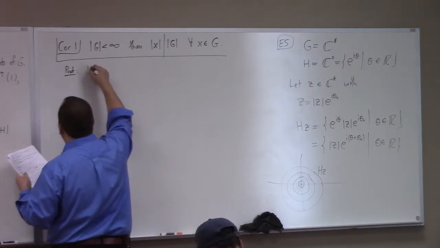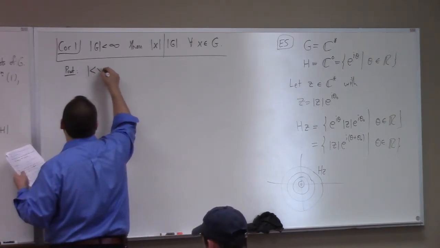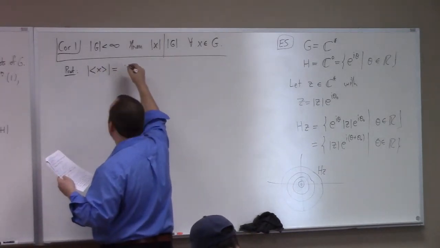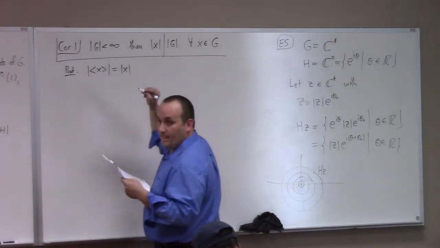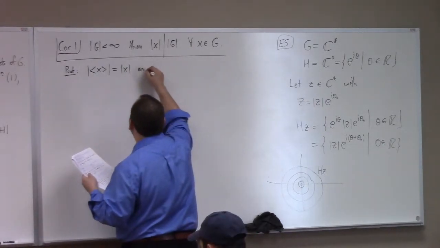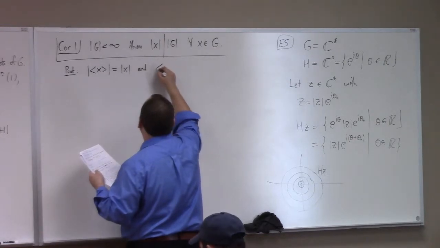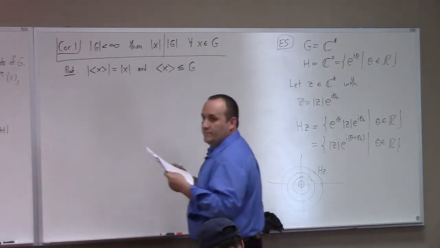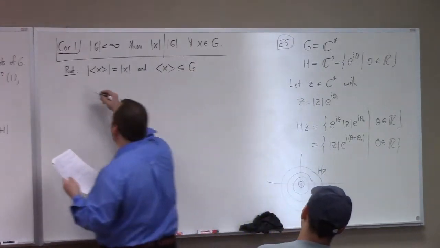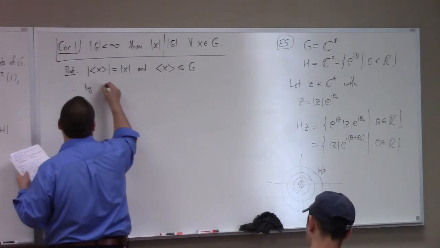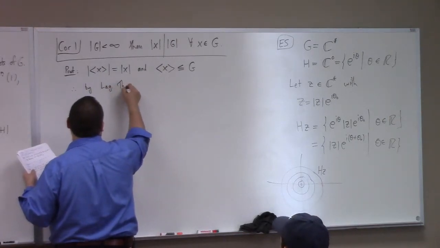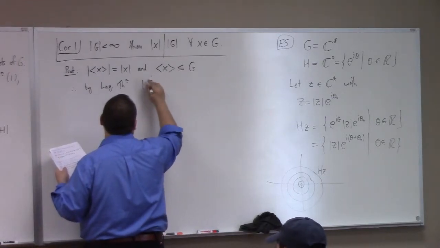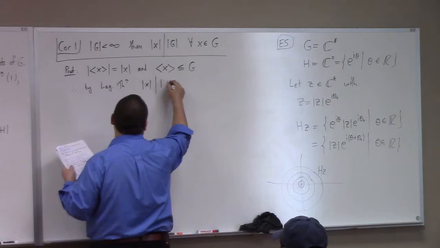We have from our work on cyclic groups that the order of the cyclic subgroup generated by x is equal to the order of x, right? And of course, the cyclic subgroup generated by x is a subgroup. Therefore, by Lagrange, we have that the order of the element must divide the order of the group.